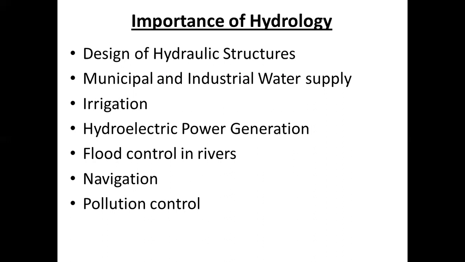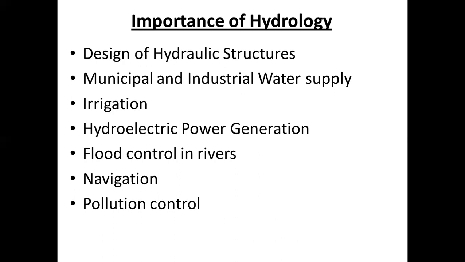So, in order to stop this and dispose of the excess water into the dam, the dam should be designed properly. Otherwise flooding occurs, and sometimes the dam gets overtopped. Okay, so this is the first importance: we use the study of water, that is hydrology, for design of hydraulic structures like bridges and dams.